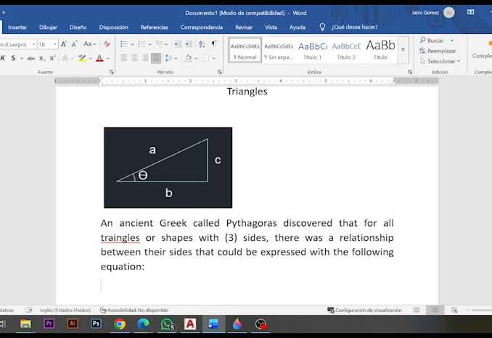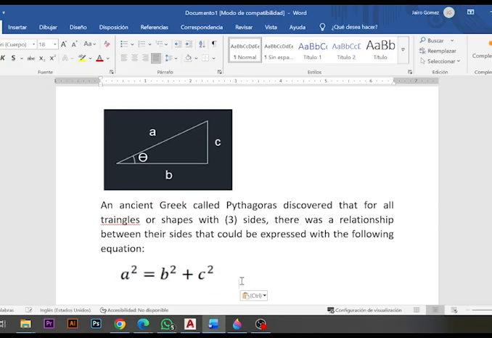You might be asking yourself, what equation is this? Well, it's the simple Pythagorean theorem, which states that the squared sum of this side and this side is equal to the squared sum of this side.